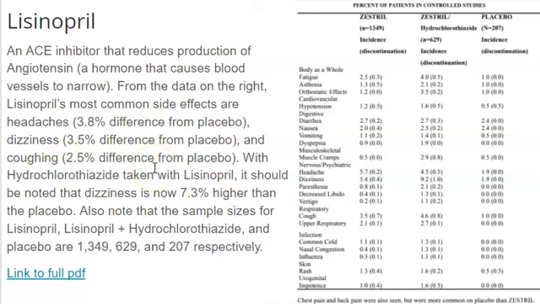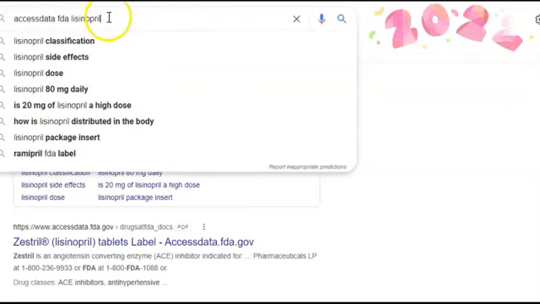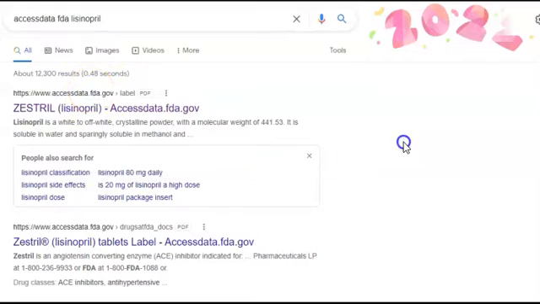Now, to find these kinds of resources, here's where you can go. First, you want to find the name of the treatment or the device that you're researching, whatever you're researching, and then you'll type that in. A good source could be Access Data FDA.